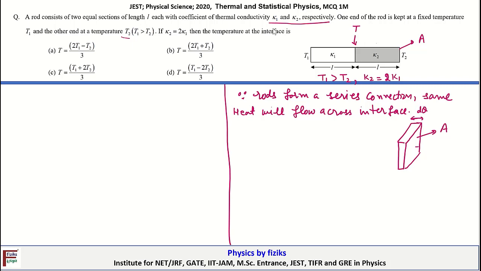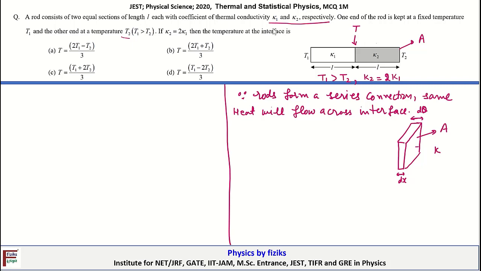Let the thickness of this slab be dx, and the thermal conductivity be K.